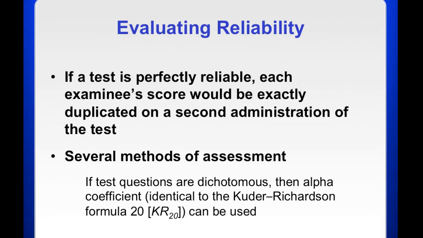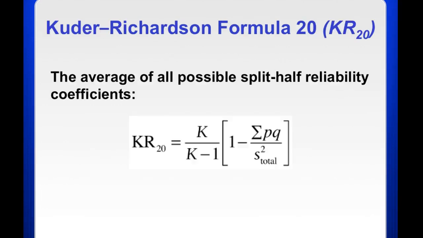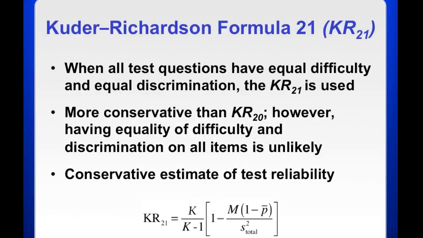So you have the Kuder-Richardson Formula 20 and the KR21 as well. There are two formulas on page 173, and these will give you a reliability coefficient. Here's the formula for the KR20 and the KR21, and for the KR21, it says when all test questions have equal difficulty and equal discrimination, the KR21 is used.